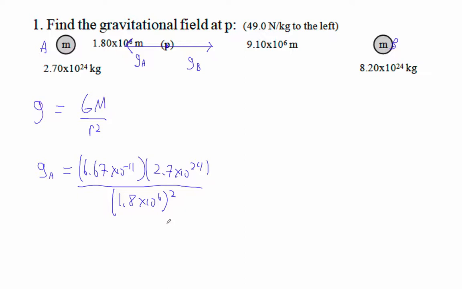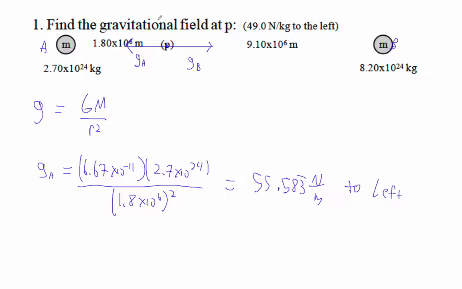All right, so 6.67 E minus 11 times 2.7 E24 divided by 1.8 E6. We got to square that. So this is 55.583. A lot of threes there, right? And that's newtons per kilogram. And this is to the left.